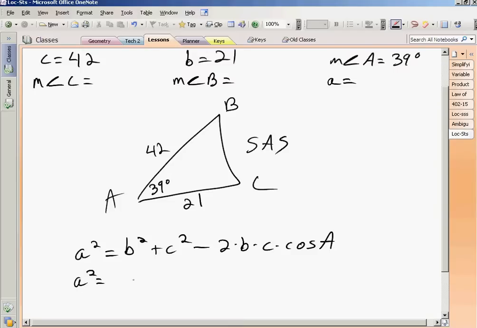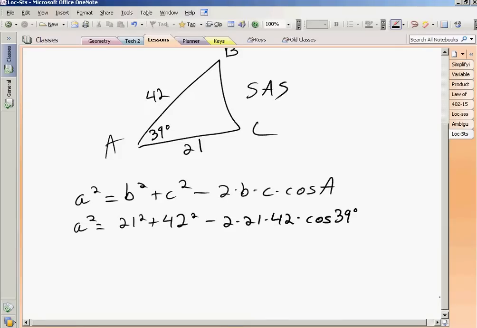A squared, plugging in my values, equals 21 squared plus 42 squared minus 2 times 21 times 42 times cosine of 39 degrees.